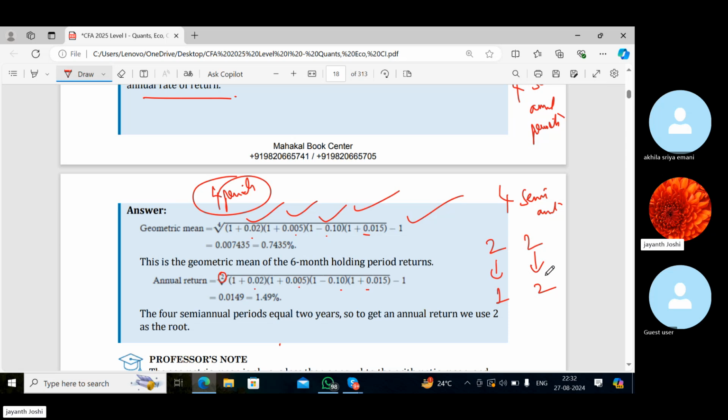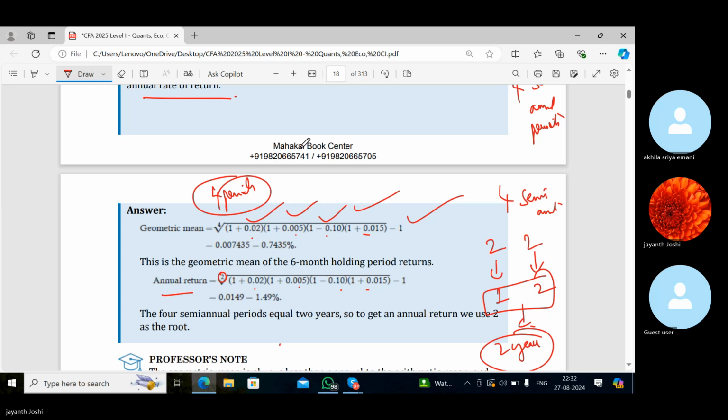So these make 2 years. If I take annual return, I have to take the power 1 by 2, because I want this per annum, per 1 year.